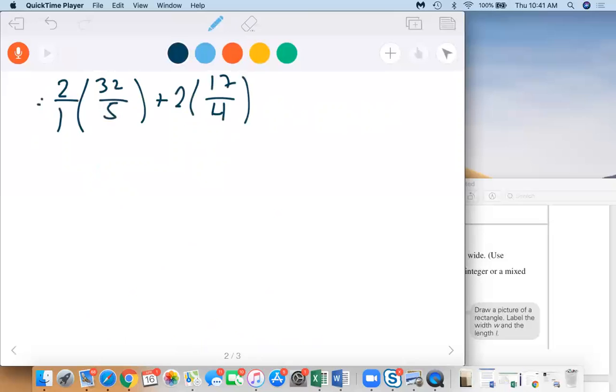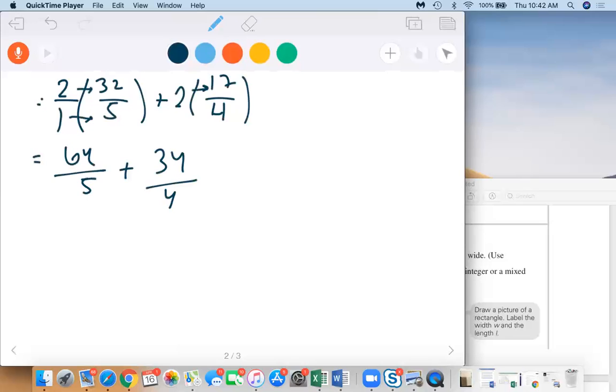If you have a hard time wrapping your mind around the numerator and denominator, make sure you write it like that. So we're just going to multiply across. 2 times 32 gives us 64 over 5 plus, again multiplying across, 2 times 17, which is 34 over 4.